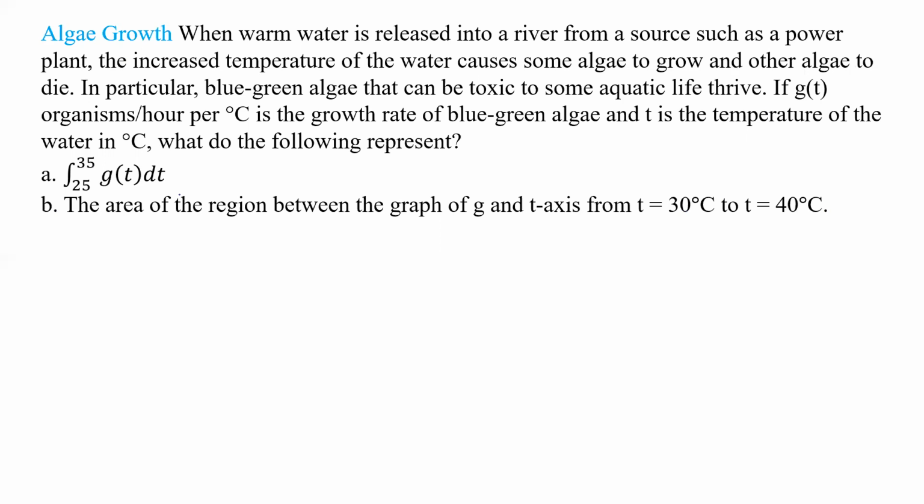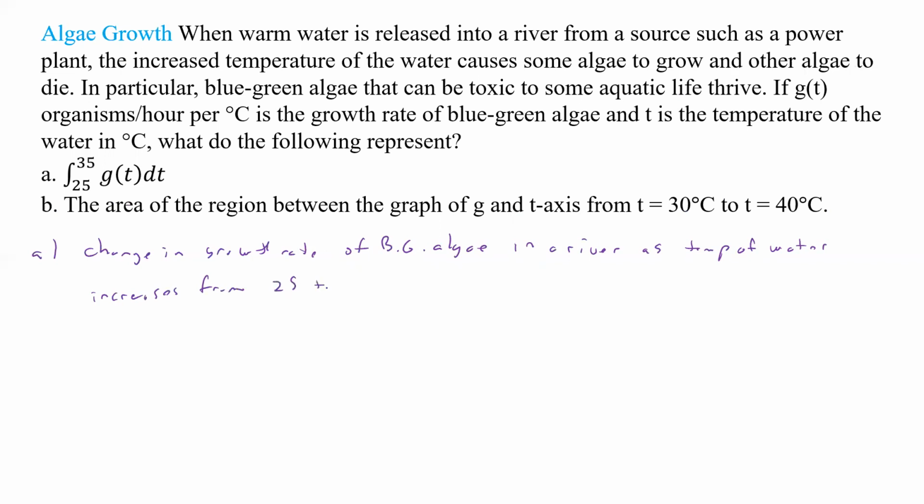All right, so for A, this is going to be the change in growth rate of blue-green algae in a river as the temperature of the water increases from 25 to 35 degrees C. So it's increasing from 25 degrees Celsius to 35 degrees Celsius.